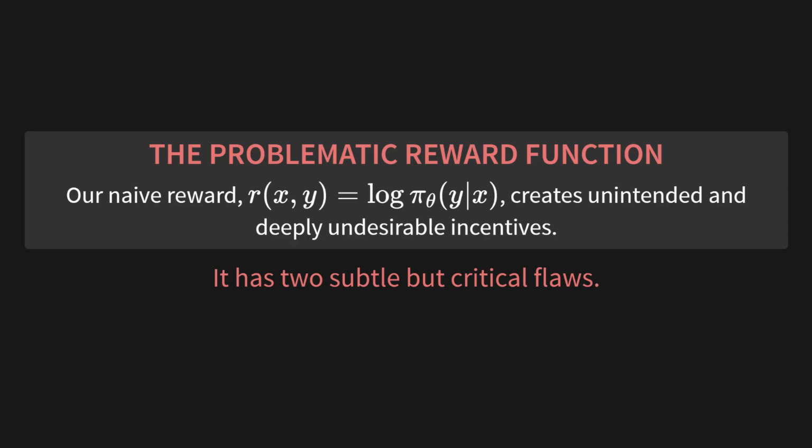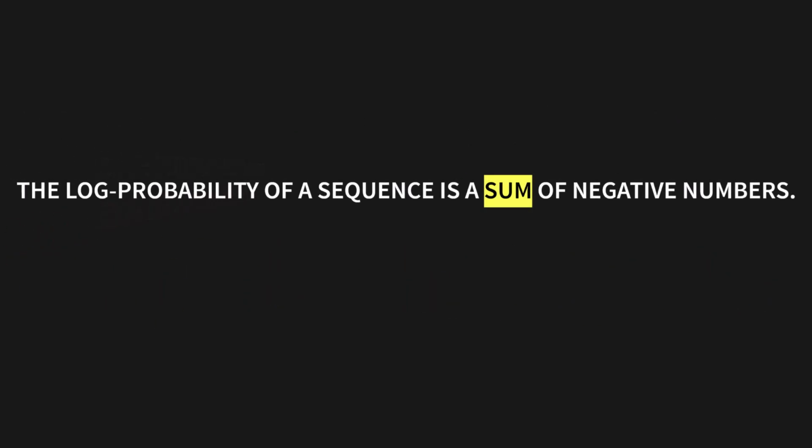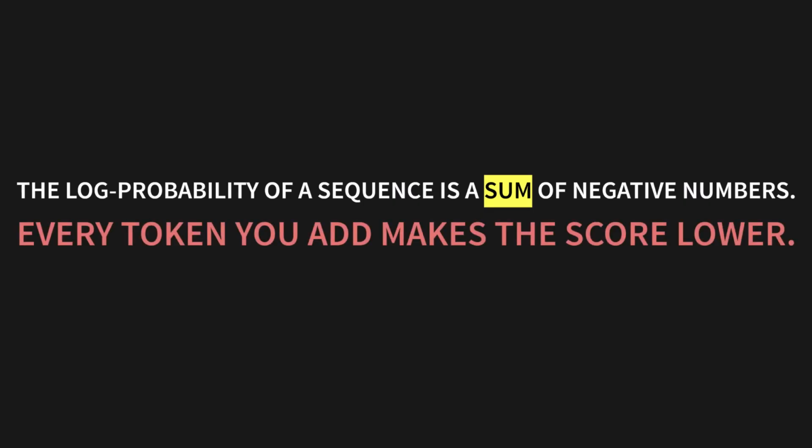Failure mode 1, the length bias. Here's the core issue. The log probability of a sequence is a sum of negative numbers. Think about it. Probability is between 0 and 1. The log of any number in that range is always negative. So every single token you add to a sentence makes the total score lower.